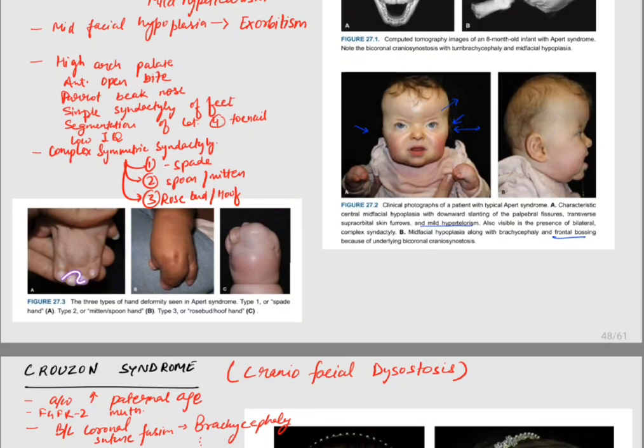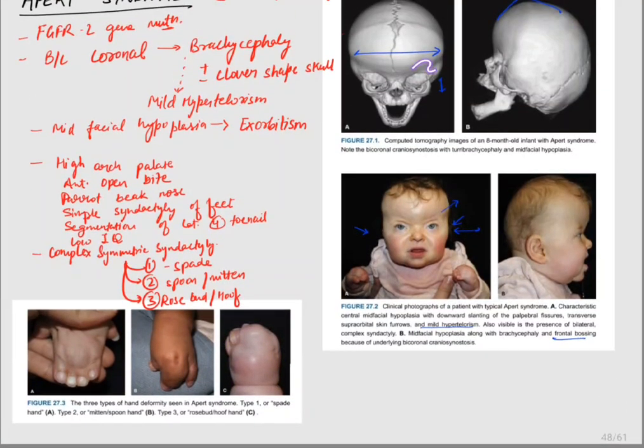The first type will be the spade type, the second type will be the spoon type, and the third type will be the rosebud or hoof type. In the images we can see there is hypertelorism, there is turricephaly, we can also see there is frontal bossing in this image.